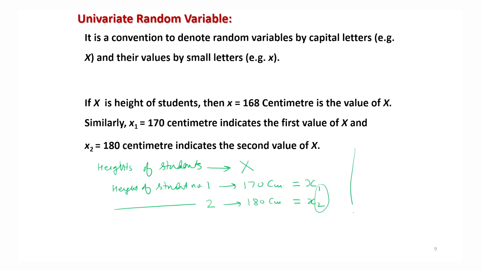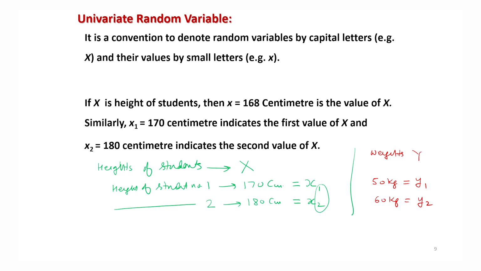Similarly, in case I decide that, okay, let me also collect the weights of the students. So now I can use another variable, say capital Y, to indicate the weights of the students, and suppose we are going to measure them in kilograms. Suppose the weight of student number 1 comes out to be 50 kilograms. So this will be denoted by small y1. And suppose the weight of the second student comes out to be 60 kilograms, then it is going to be indicated by small y2.